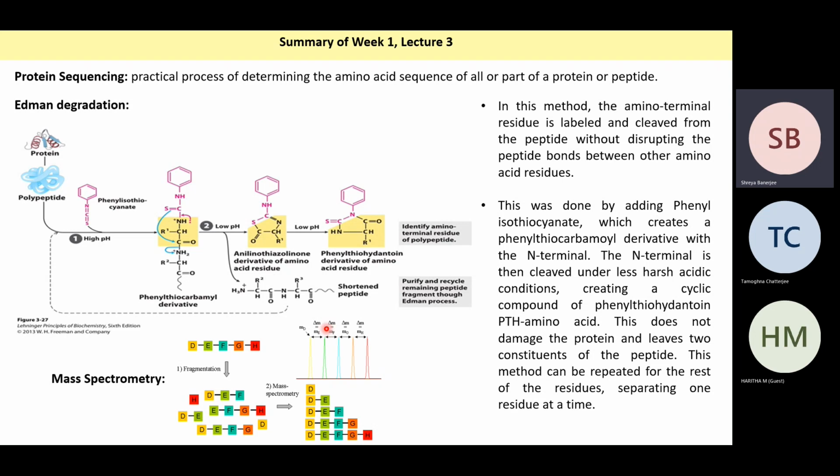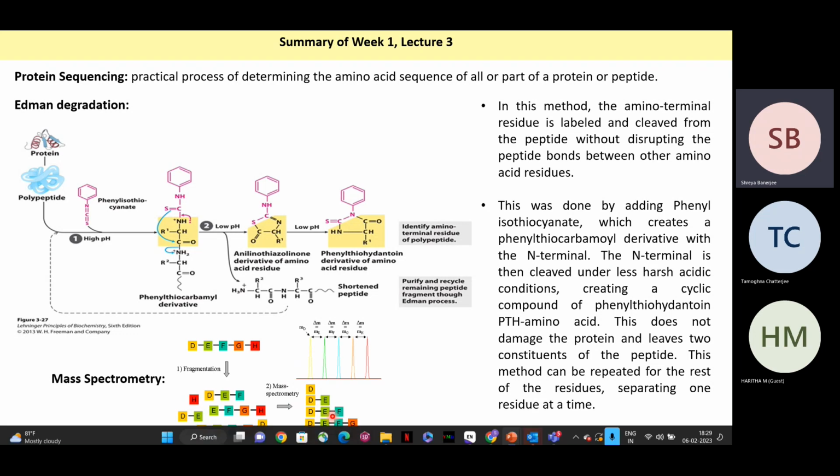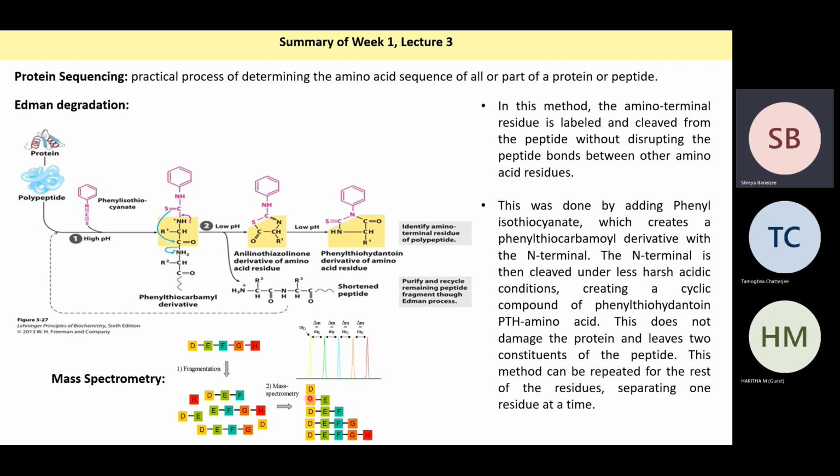The next peak will be for 2 amino acids. Like that, you can assign which peak belongs to which fragment, and from that, you can find out the sequence of the polypeptide. So these are the 2 methods, Edman degradation and mass spectrometry, for protein sequencing.